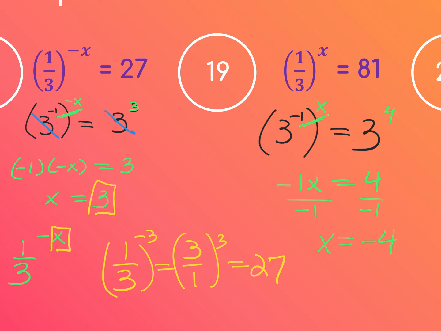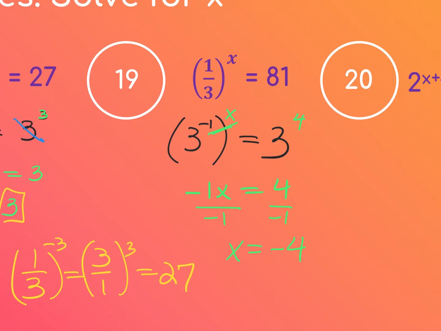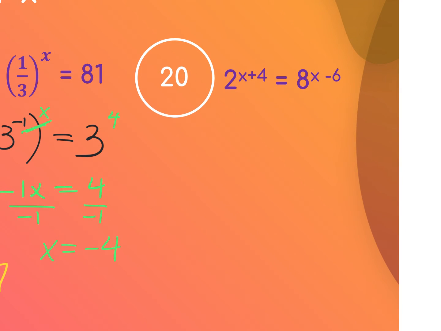Try number 20. Again, I'm going to do a change of base here. I'm going to make the 8 a base of 2. So this stays the same. It's going to be to the x plus 4 power. I'm going to change the 8 into a 2 to the 3rd.